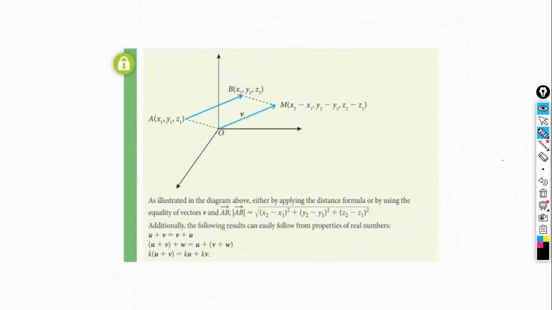As illustrated in the diagram above, either by applying the distance formula or by using the equality of vectors, the modulus of vector AB, or the magnitude of vector AB, is going to equal the square root of the difference in x squared plus the difference in y squared plus the difference in z squared. Additionally, the following properties can easily follow from some properties of real numbers. So we have the commutative property of addition, the associative property of addition, and the distributive property.